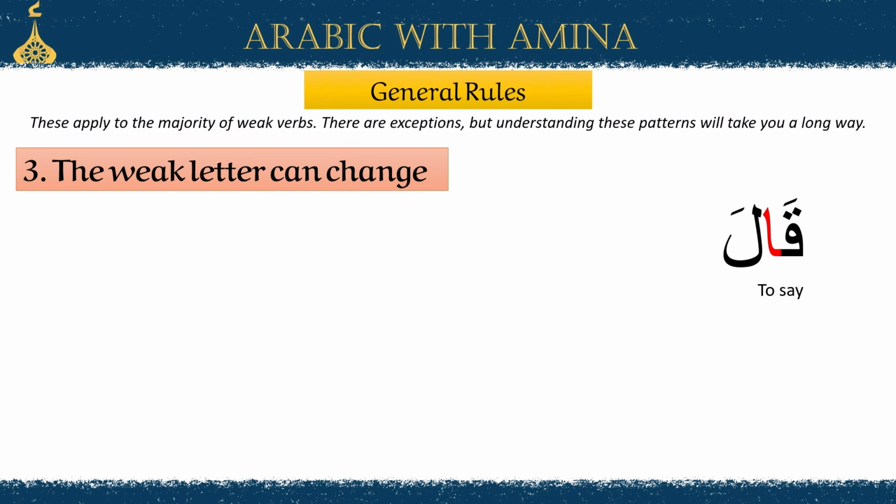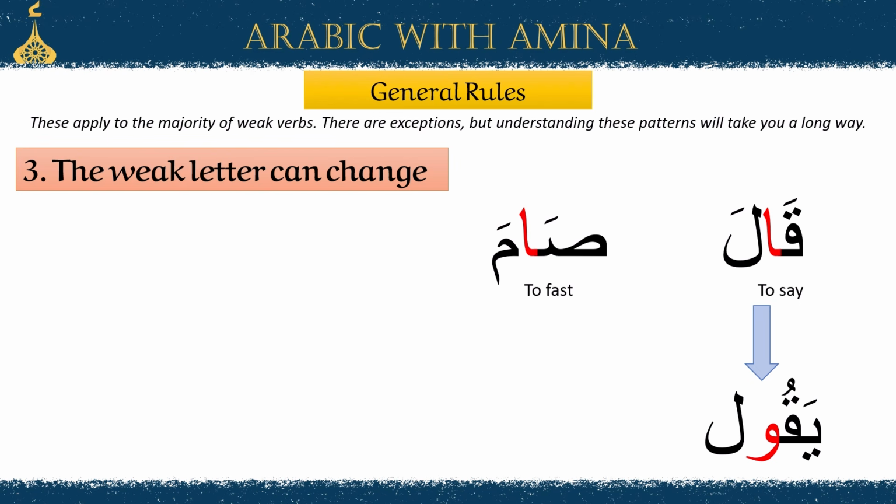And it means to say or said. Putting it in the present tense, it becomes يقول. The alif in the middle of the past tense form changes. Another example would be صام, to fast or fasted. In the present tense, يصوم.